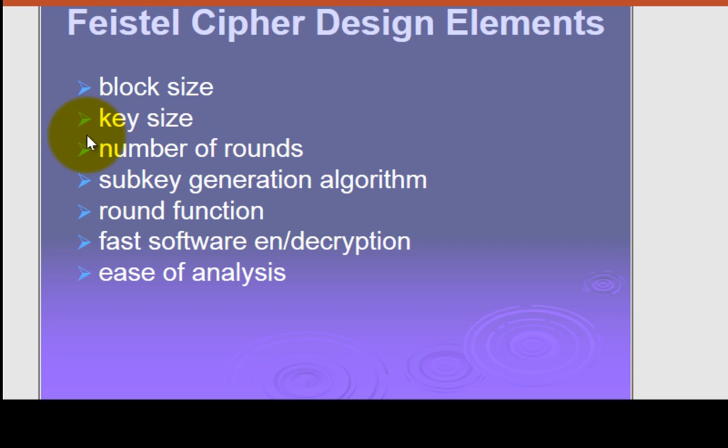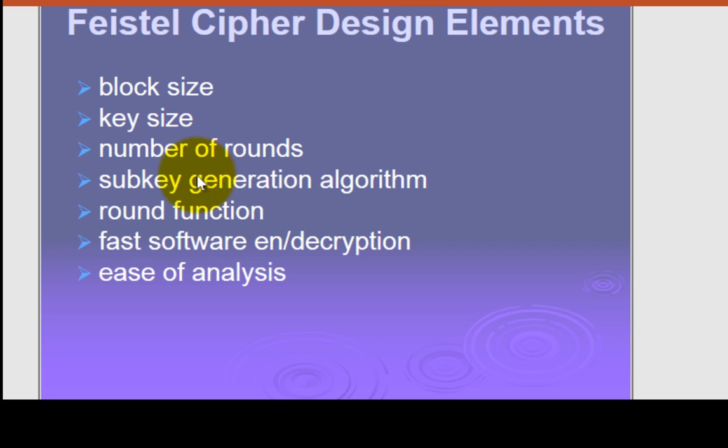And the key size can be 128 bits or 56 bits, anything you can use. In the same way, if you increase the key size, the complexity increases, but the performance decreases also.